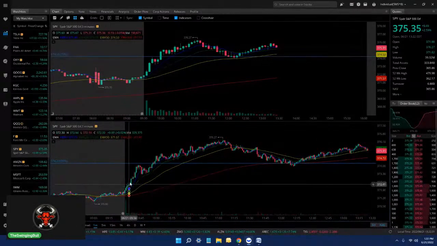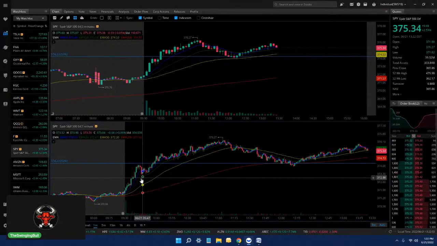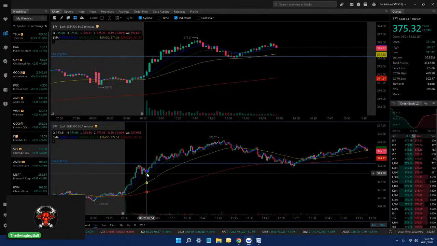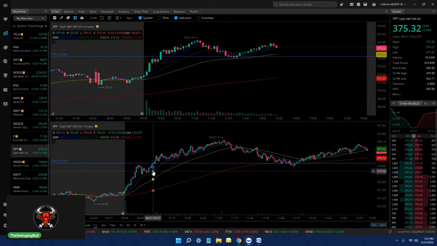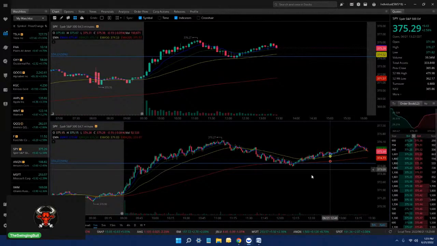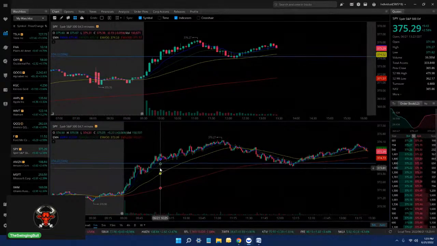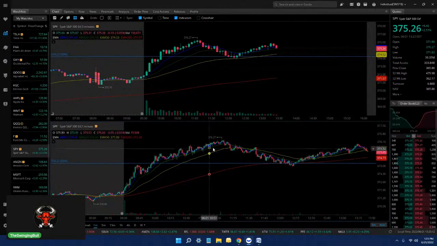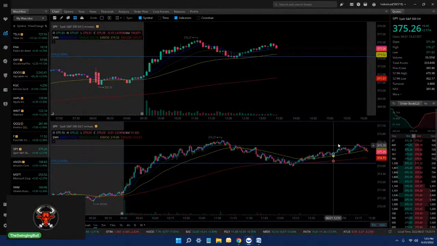So let's say when the market opened, you waited 30 minutes to see if there was any volatility, and then right around 10 o'clock you notice, okay, we're still trending up. You could have probably bought some SPY call options around 10 o'clock, and as you can see, the price of SPY was around 373 or so, and it never really went below that again.